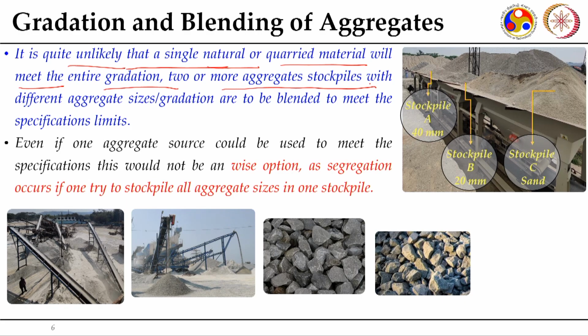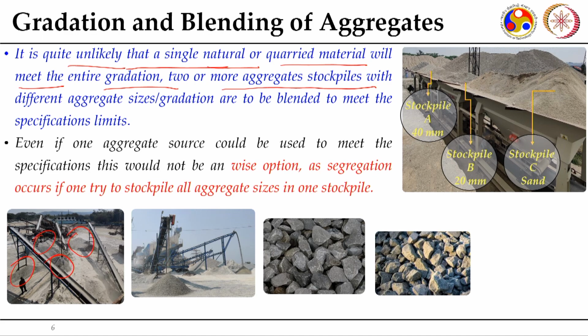So, two or more aggregate stockpiles are used. You can see this is an aggregate crusher, this is one stockpile getting generated, second stockpile, third stockpile, fourth stockpile. Stockpiles mean aggregates of different sizes. One stockpile will have an aggregate gradation varying over 3 to 4 sieve sizes, and then the other one will be varying.